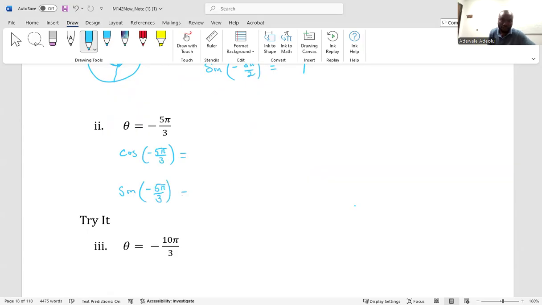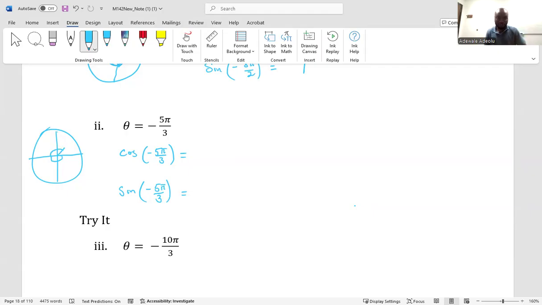Again, let us think about it. Pi over 3, that is 60 degrees, right? We want to move in a clockwise direction 5 times. So here we have 60 here, 60 here, 60 here. We have 3 up to 180, right? So there's another one here.